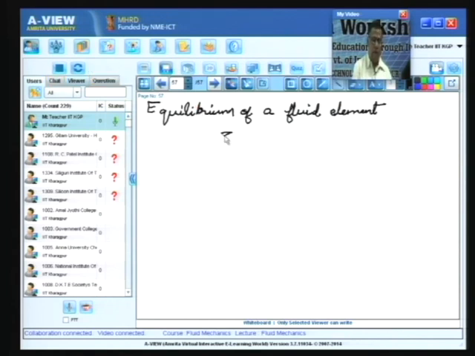So, now what you are going to have is the sum of the forces will be equal to 0, because there is no acceleration. Now, there are two kinds of forces, one is the surface force. So, we can say F s plus F b equal to 0.